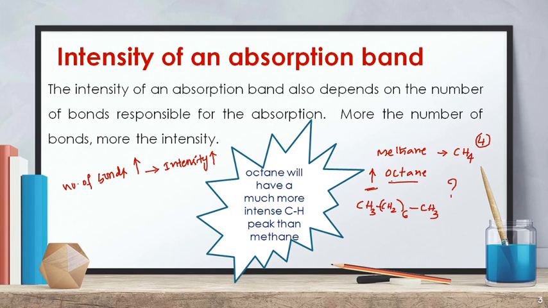One alkane is giving a more intense peak than another due to the presence of more bonds in it. If you want to compare other compounds also, you can compare hexane with propane. Which one will give the more intense peak? Absolutely, hexane will give the more intense peak. Like that, you can find any example.